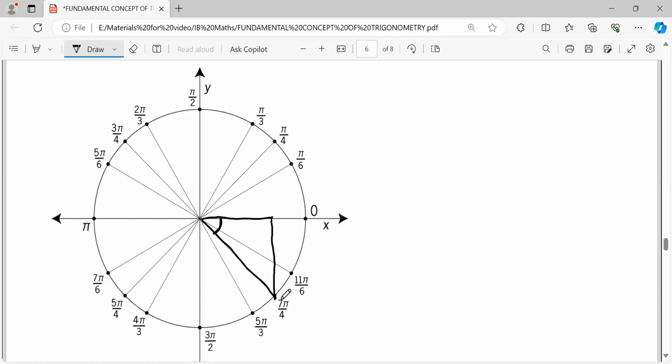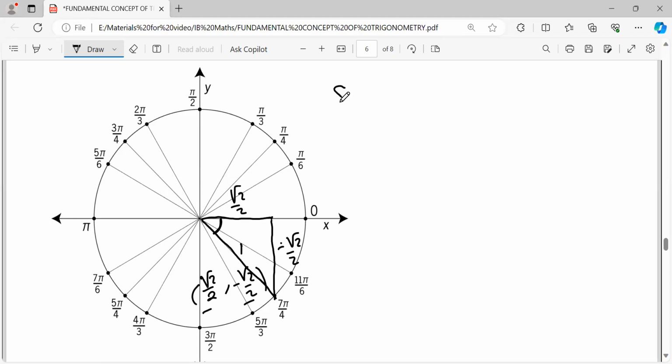And the coordinate point, this is negative square root 2 over 2, this is square root 2 over 2. And 7 pi over 4 is actually the reflection of pi over 4. The coordinate point is square root 2 over 2, comma, negative square root 2 over 2. This is sine 7 pi over 4 and this one is cosine 7 pi over 4.